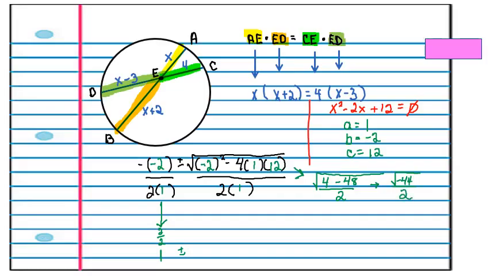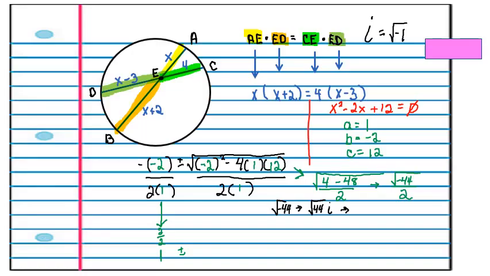Now this doesn't mean that we can't do it because we have a negative, because you'll remember that anytime you had a negative square root, like this negative square root 44, we're just going to change it into a complex number, which is going to be square root 44, and we give it that little i. i in algebra equals the square root of negative 1.